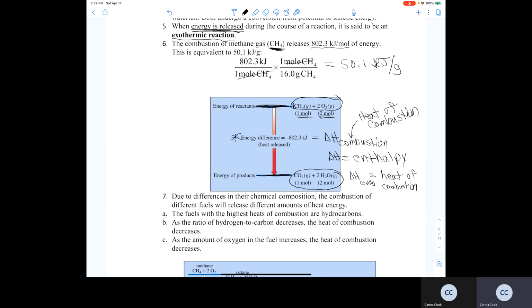So this delta H of combustion for methane is equal to the energy that's needed to be absorbed to break the bonds in the reactants, plus the energy released to form the bonds in the products.